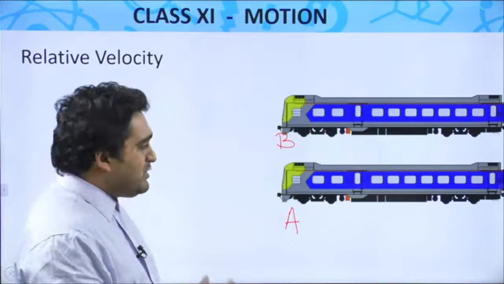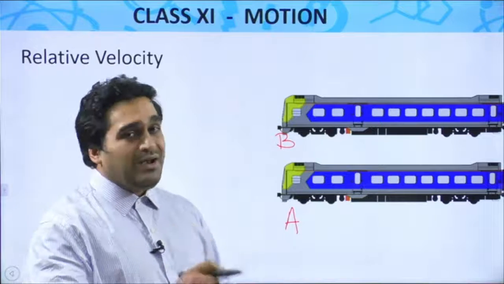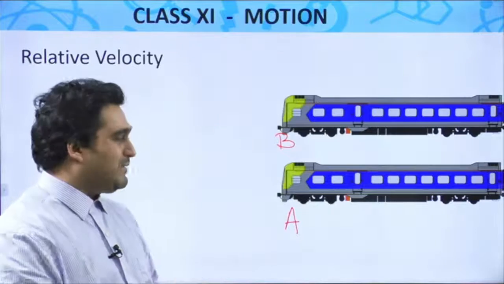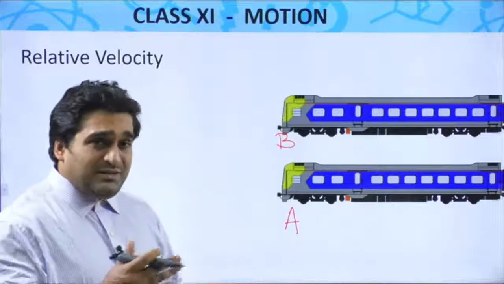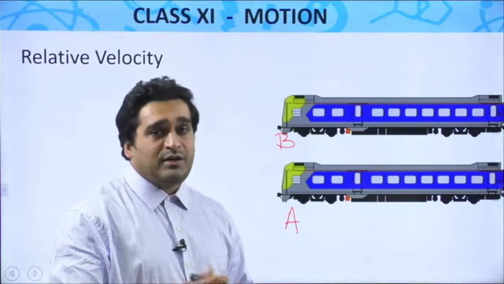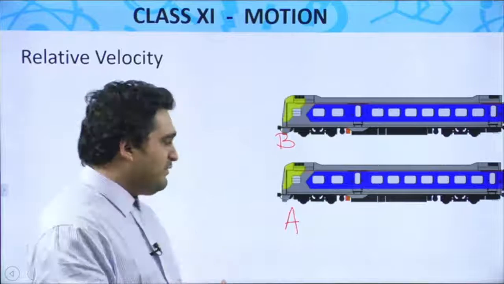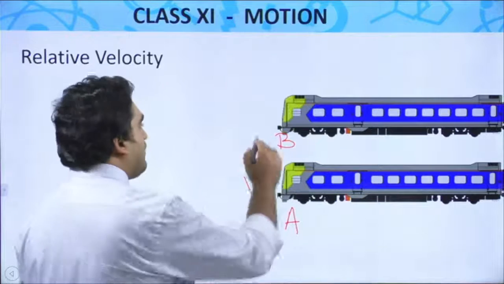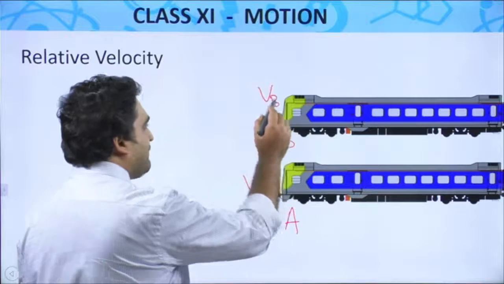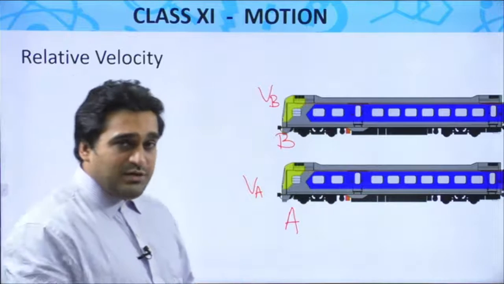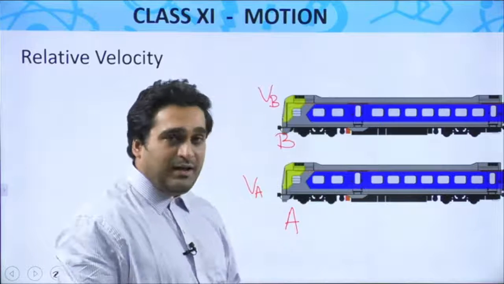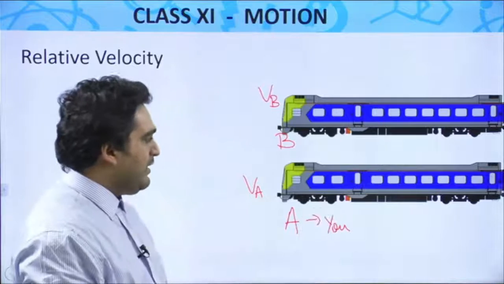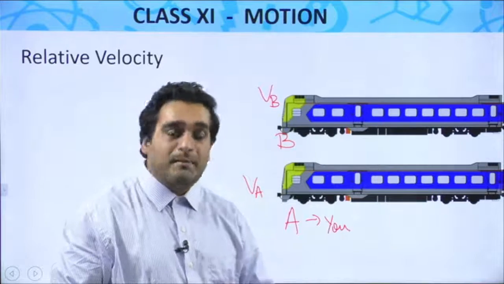We're going to make sure these trains travel in only one direction, which is towards your left hand side, in a straight path. So by this observation, we can come to a conclusion that they travel with a certain velocity, let's say VA for train A, and VB for train B. If any observer is sitting on train A, let's say you are sitting in train A, and you observe the train B.